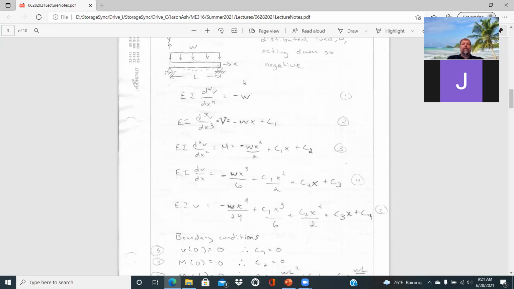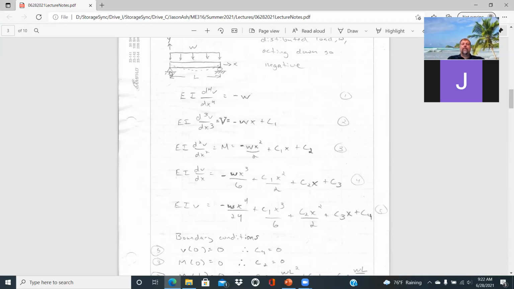So what we're referring to when we look at boundary conditions: we know that at x equal to 0, the displacement is going to be equal to 0, and at x equal to L, the displacement is going to be equal to 0. Additionally, we know that the slope is going to be 0 at the center of the beam because that's symmetric.